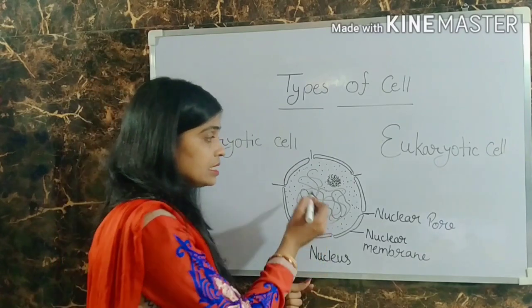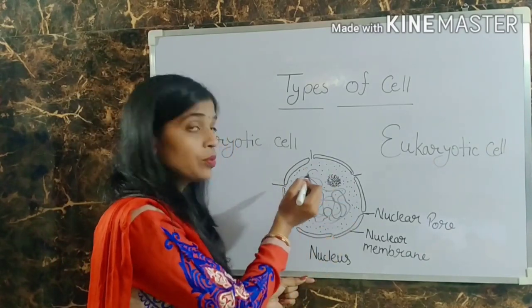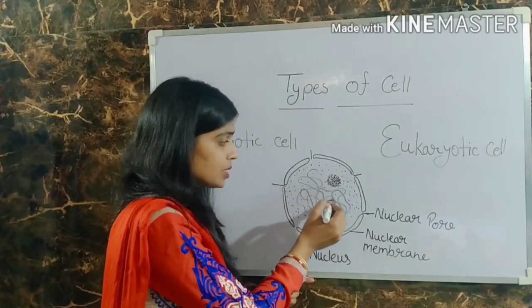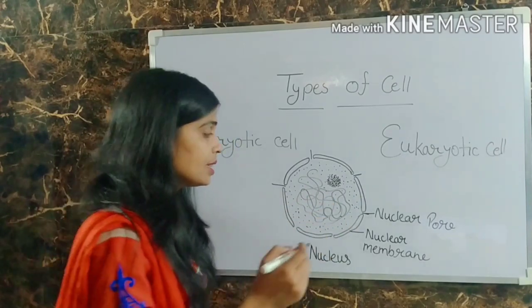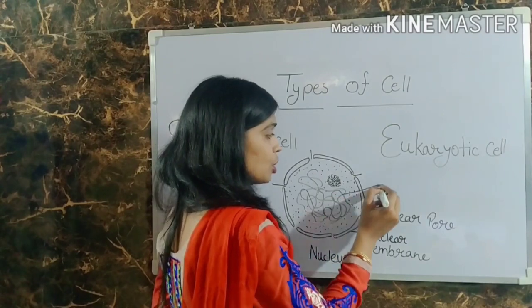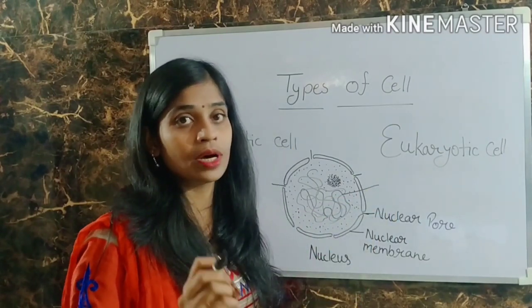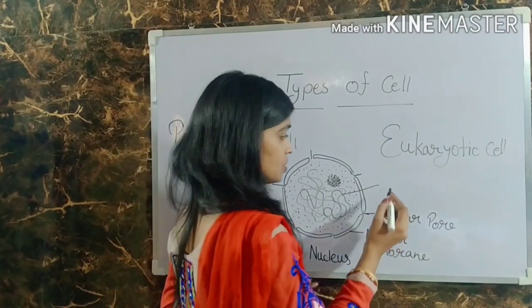And inside the nucleus, you can see a thread-like structure spread inside the nucleus, that is called the chromatin, which consists of the DNA and chromosomes.